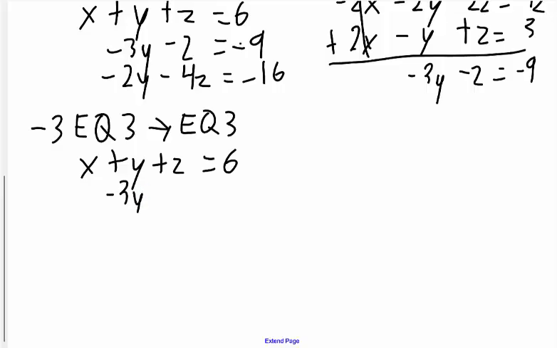Negative 3y minus z equals negative 9. And we're multiplying this by negative 3, so that gives us 6y plus 12z equals 16 times 3 is 48. So in this case, negative times negative is positive, so 48.